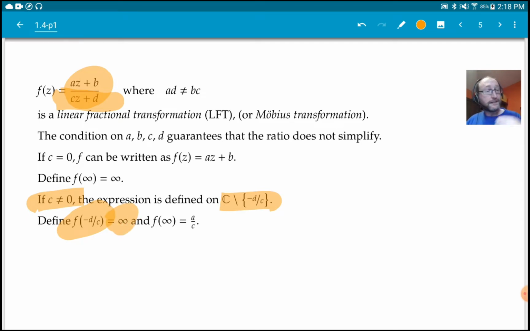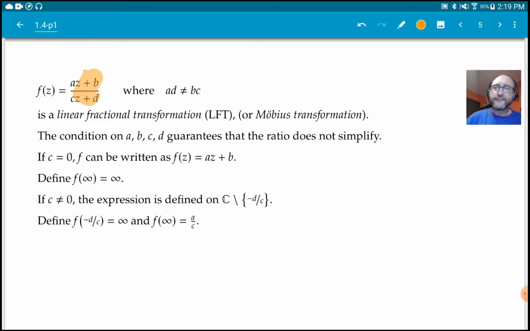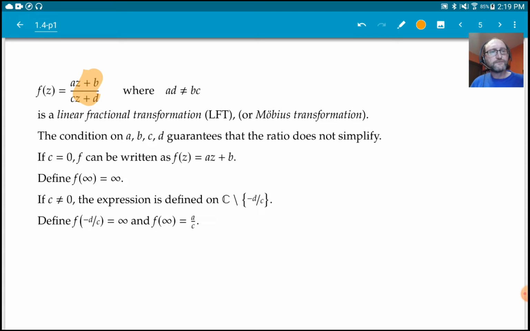And we can also define what it means when z goes to infinity. You compute the limit of this expression as z goes to infinity, and that's a over c.